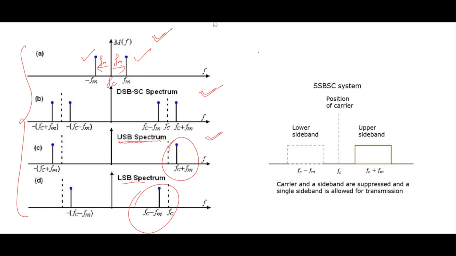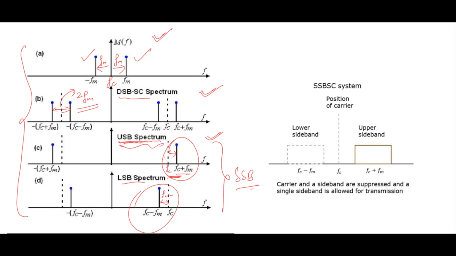We know from our previous discussions that this total distance is twice fm, meaning we require a bandwidth of twice fm for transmission of DSB-SC or DSB-FC signals. But for SSB transmission, only one sideband is being transmitted. If you notice this gap, from fc to fc plus fm or fc to fc minus fm, this is fm only.